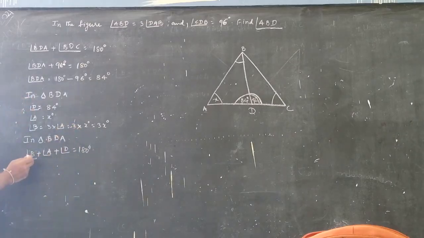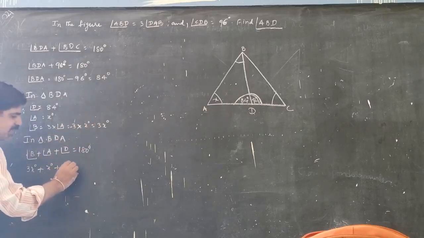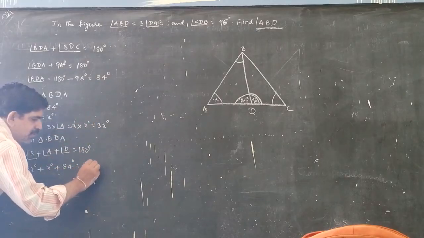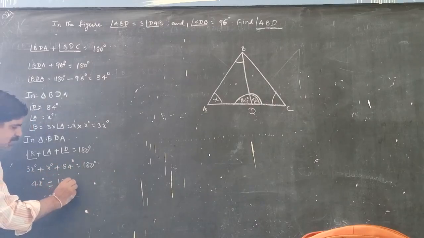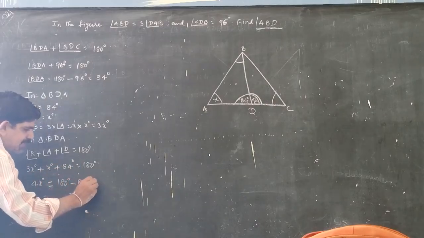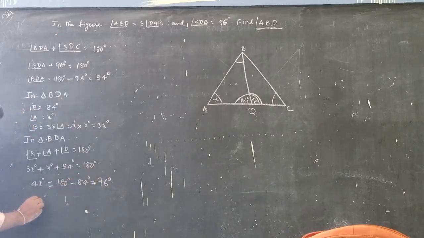Angle B is equal to 3x degrees, plus angle A, x degrees, plus angle D, 84 degrees is equal to 180 degrees. 3x plus x, 4x, is equal to 180 degrees minus 84 degrees. So that is equal to 96 degrees. 4x is equal to 96.